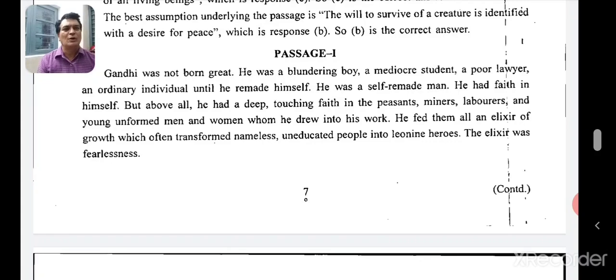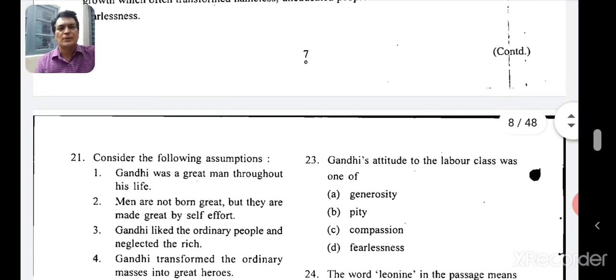He fed them all an elixir of growth which often transformed nameless, uneducated people into Leonine heroes. The elixir was fearlessness. So let's go ahead with this.